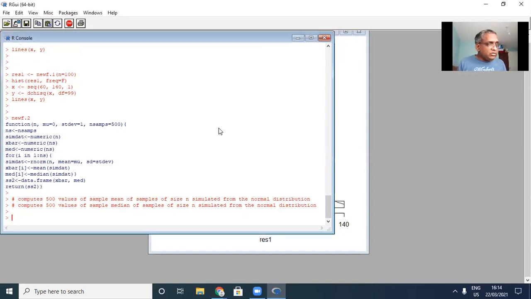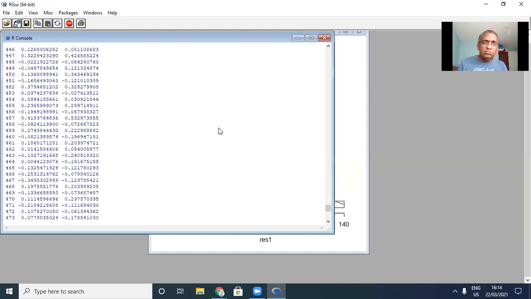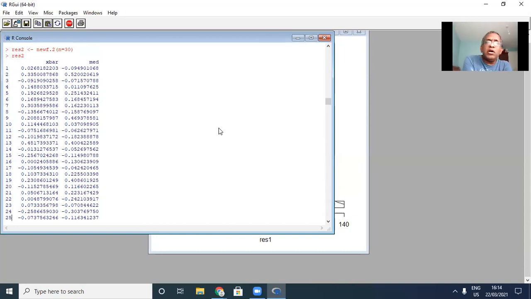Now, to illustrate this, you should type new f dot 2 with n equal to, say, 30, and let's call this res2. Res2 will have two columns. The first column, x bar, is the values of the sample mean, and the second column, which is called MED, are the values of the sample median.